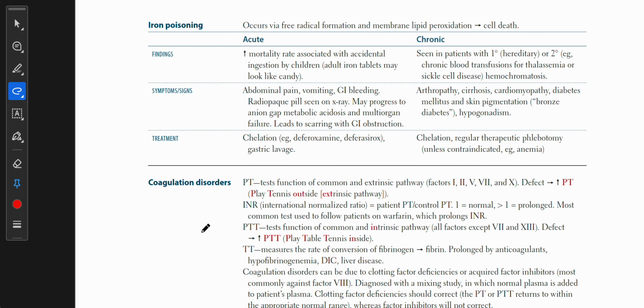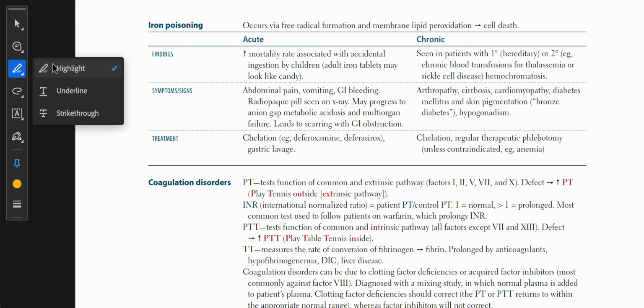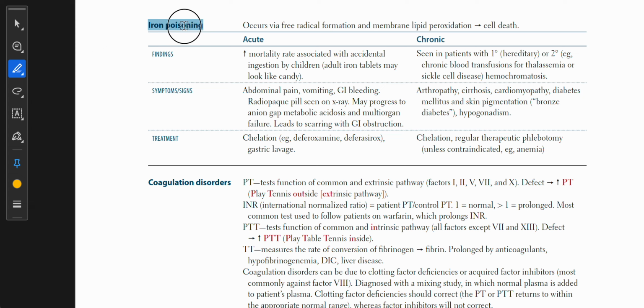So basically, what is iron poisoning? Let's go into the iron poisoning. Iron poisoning occurs via free radical formation and membrane lipid peroxidation, which will lead to cell death. This is how iron poisoning occurs. So in the findings of iron poisoning, there are acute and chronic findings.